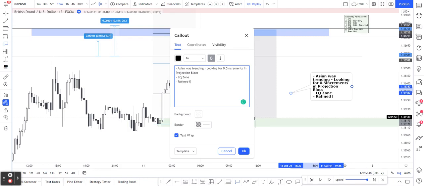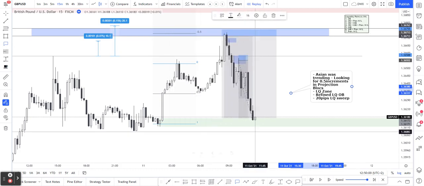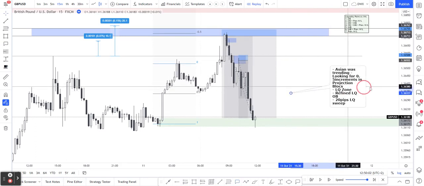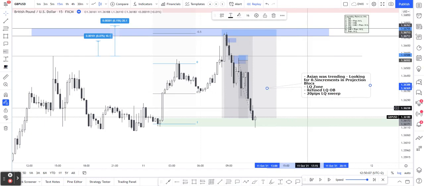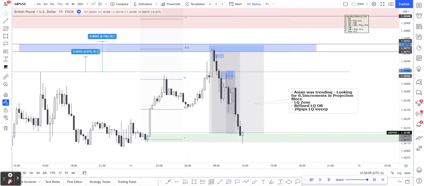Find liquidity, order block. Pips liquidity sweep. That is then the things that we can look at. So that is then our notes, and we can apply it to our trading. That is it. Goodbye.